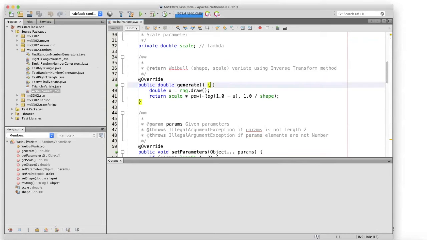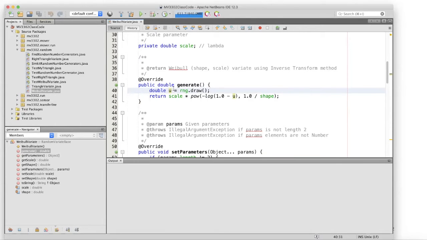So here's the essence of what I just did. Here's my U. I made it lowercase here. You can make it uppercase, it doesn't really matter. Java likes lowercase variables.